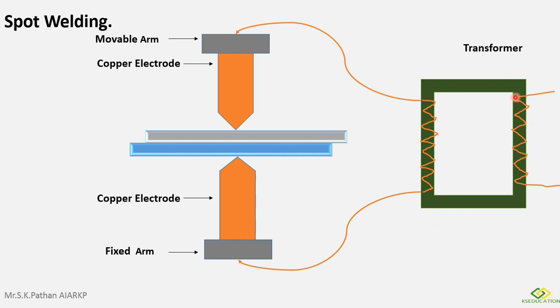As this is a primary winding and this is a secondary winding, if the current is passed to this upper copper electrode and the lower electrode, a high amount of current is passed through these two electrodes, and in between them there is a sheet metal plate.